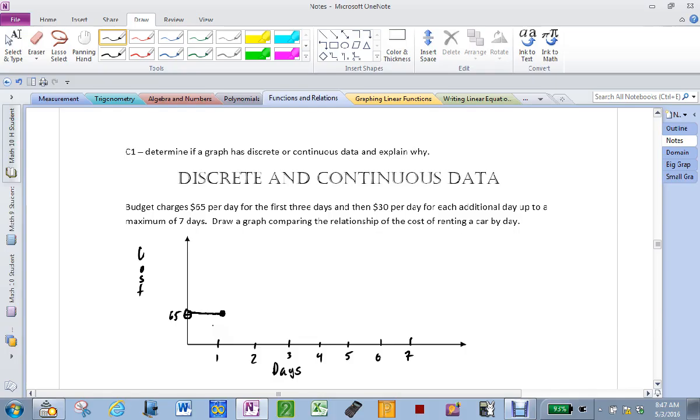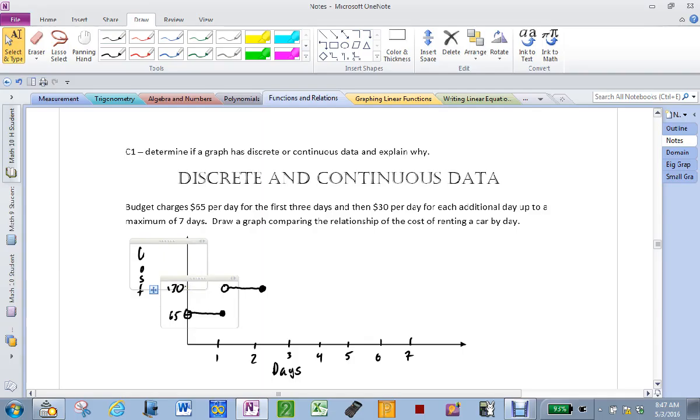No, 65 more dollars. So how much will I pay them? 130. At 1 day, is this an open or a closed dot? Closed, because 1 day is still 65. The other way around, open. Once I go past that, I am at 130, correct?